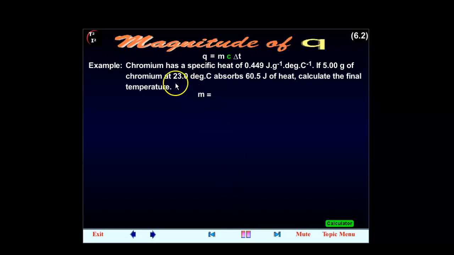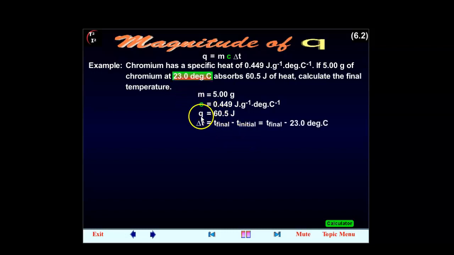M equals 5.00 grams. C equals 0.449 joules per gram per degree Celsius. Q equals 60.5 joules. Delta T equals T final minus T initial equals T final minus 23.0 degrees Celsius.